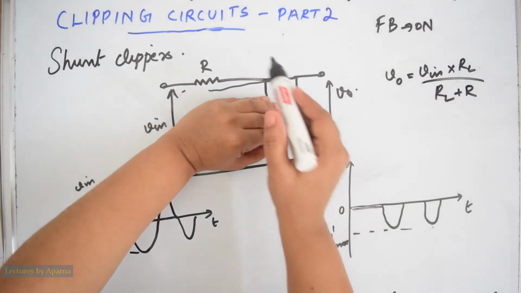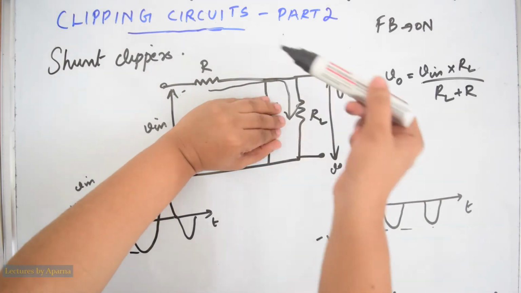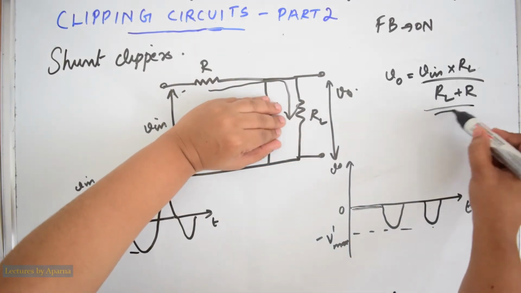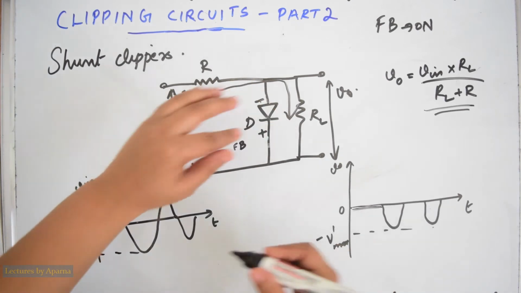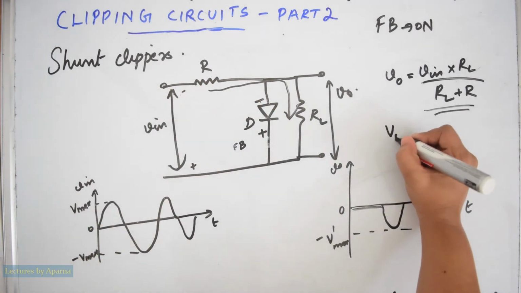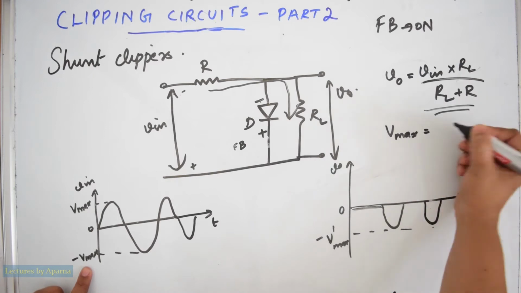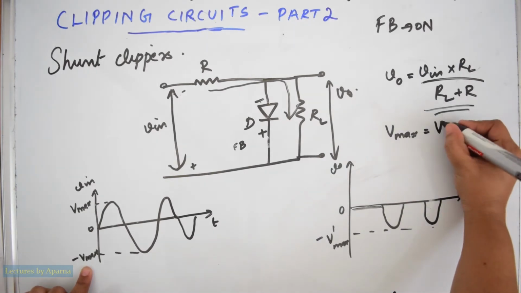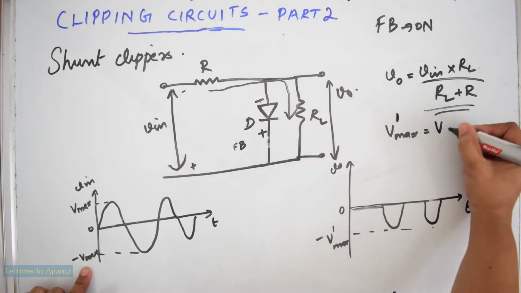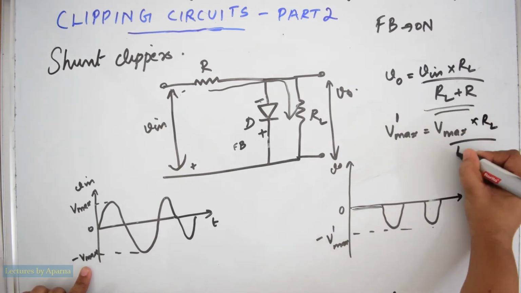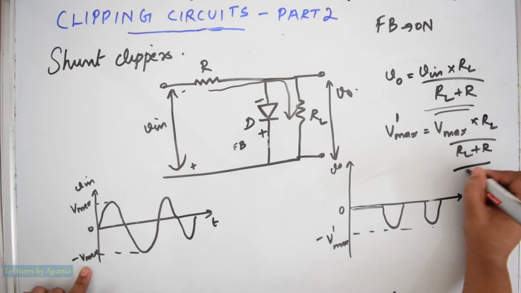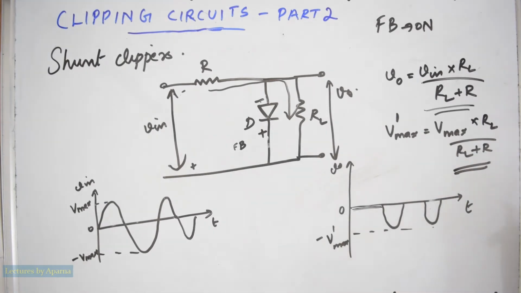The voltage will get divided between this R and RL, and hence the output voltage V0 is equal to V in into RL by RL plus R. What happens to the maximum value V max here? V max will also be divided like this. V dash max can be written as V dash max is equal to V max into RL by RL plus R. This is the voltage division rule.